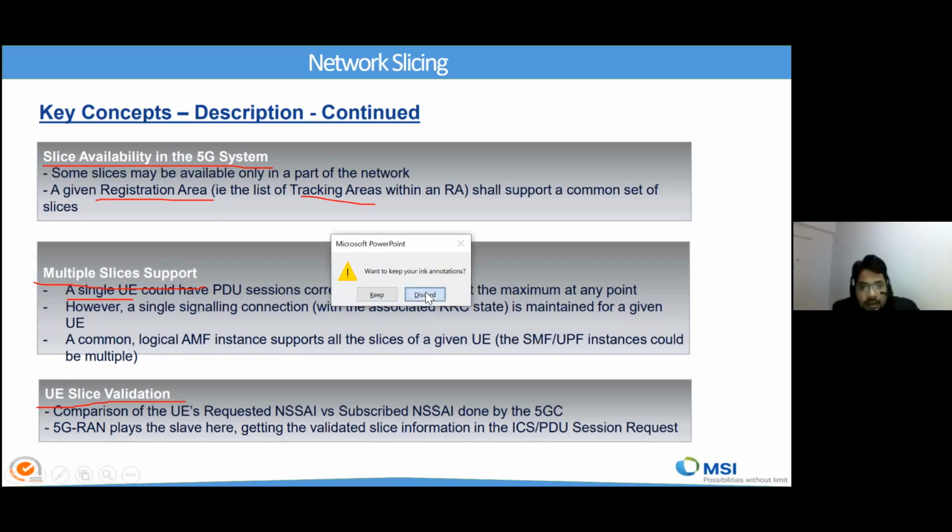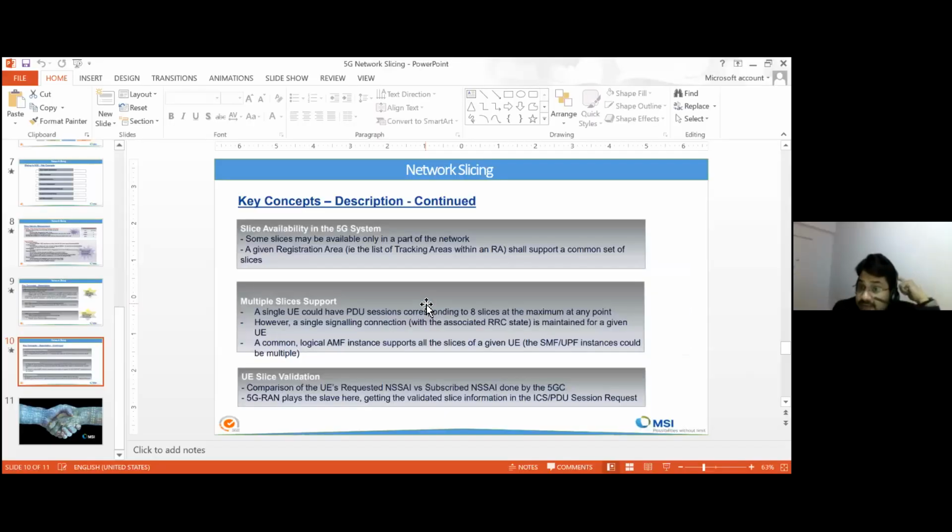Okay. Network slicing and quality of service: there is a thin line of difference between these two terms. However, network slices are designed by the operator to serve different business cases which the operator wasn't able to support with quality of service.